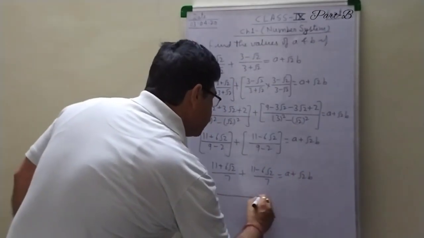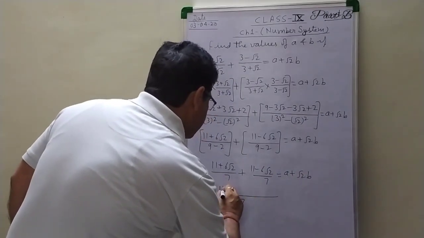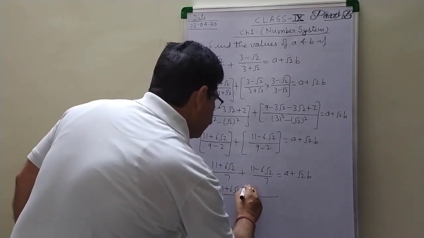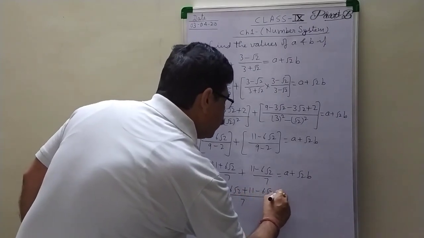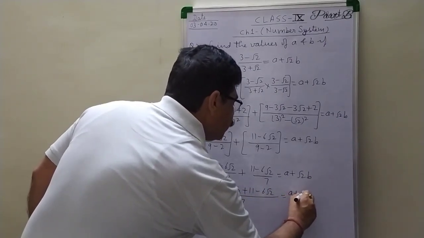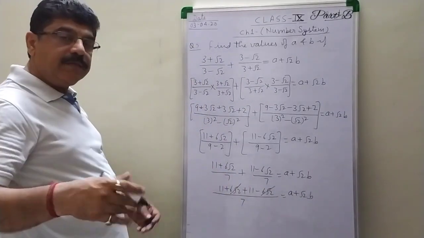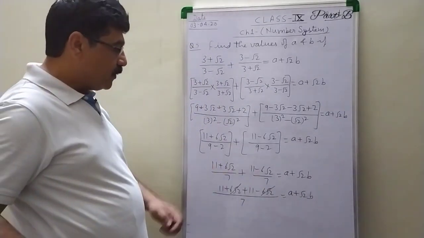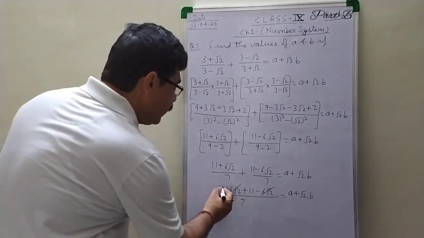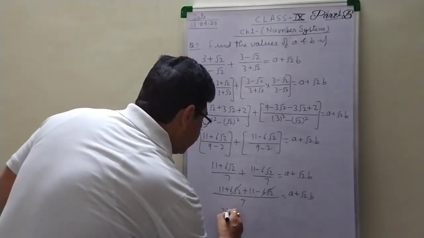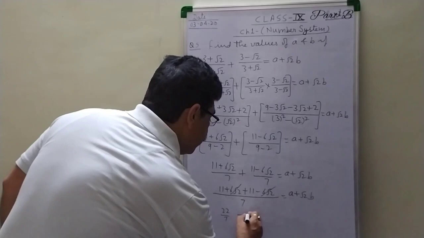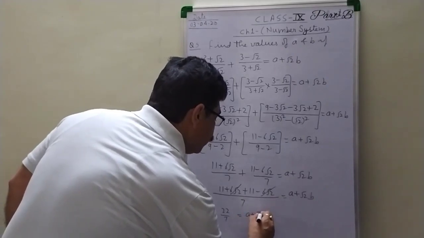Now we take the LCM, so we get 7. (11 plus 6 root 2) plus (11 minus 6 root 2) equals A plus root 2B. Minus 6 root 2 plus 6 root 2 cancel out, because both have the same value with opposite sign. Now we have 11 plus 11 is 22 upon 7 is equal to A plus root 2B.